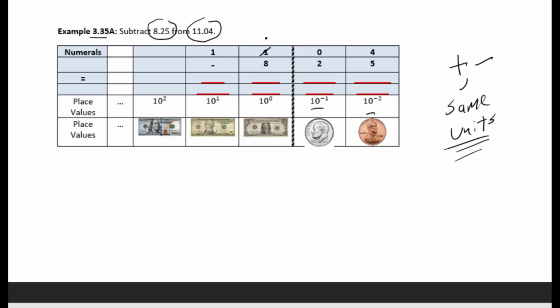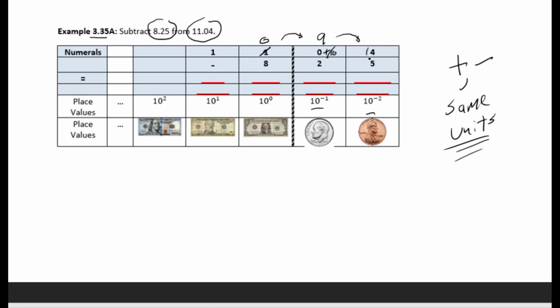So I'm going to take one of those and move it over here. And what I'm doing is adding 10 to here. I don't have any, but I'm adding 10, because one whole is 10 dimes. And then I'm taking one of those 10 dimes and moving it over to here, which becomes 10 pennies. So I can get 14 pennies there.